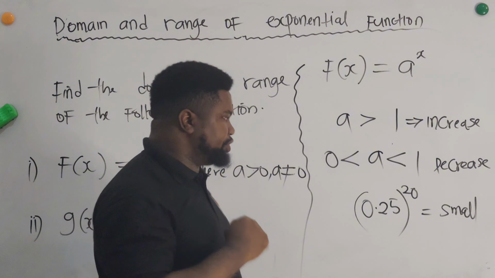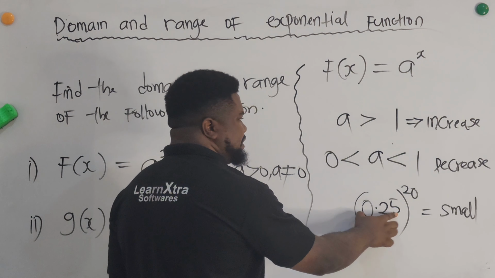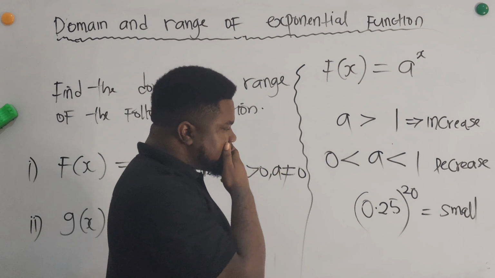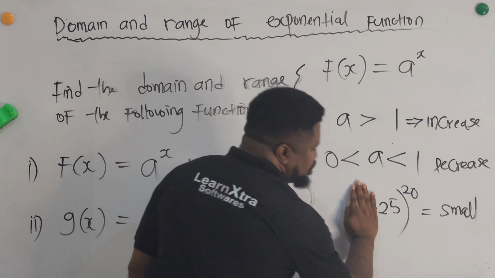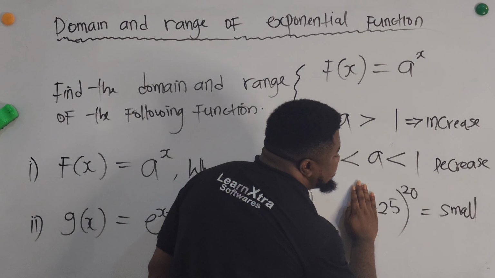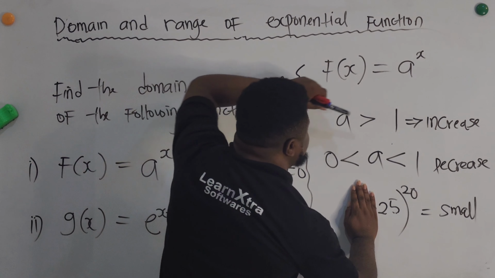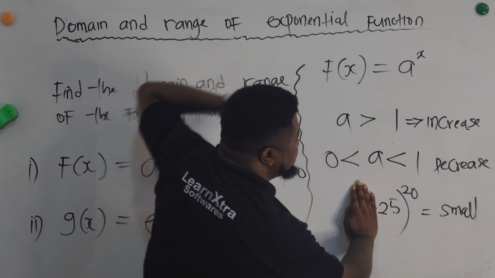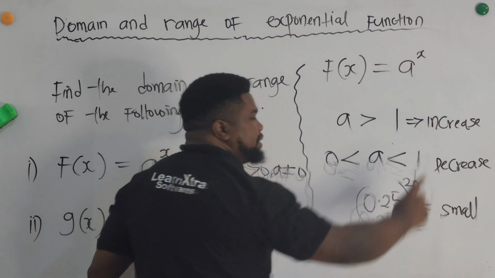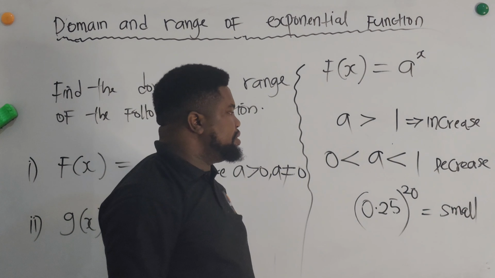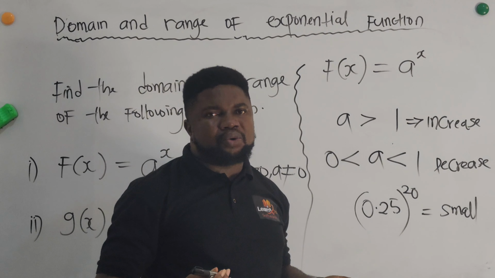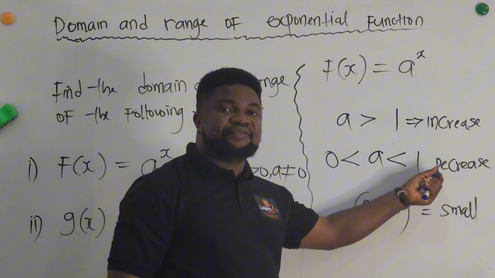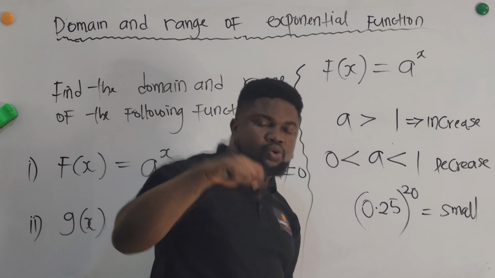But what if I have 25 to the power of 20? Because 25 is bigger than 1, the function will increase rapidly. But my point is this: no matter how the function decreases, the function can never be equal to 0.